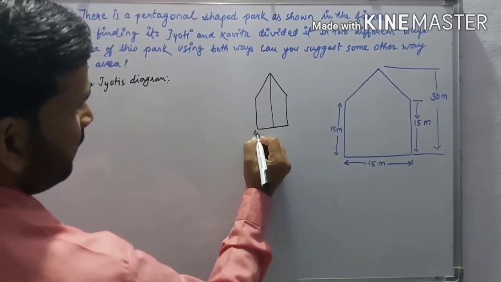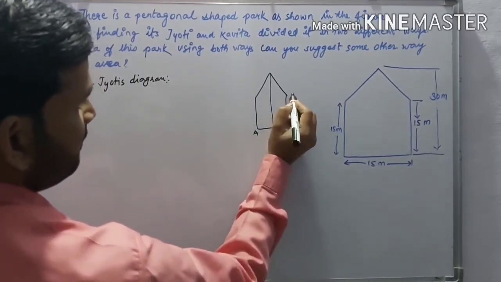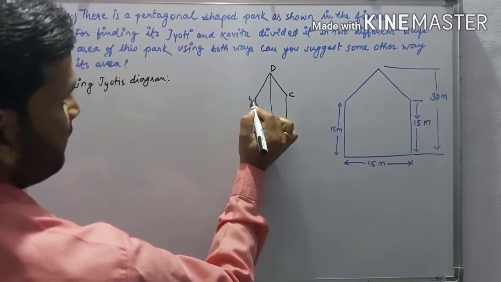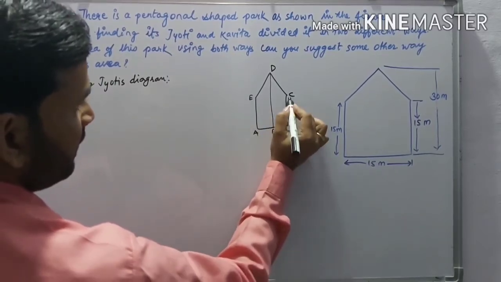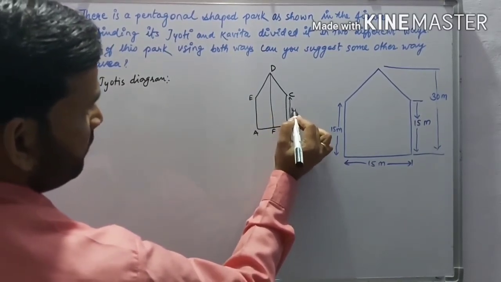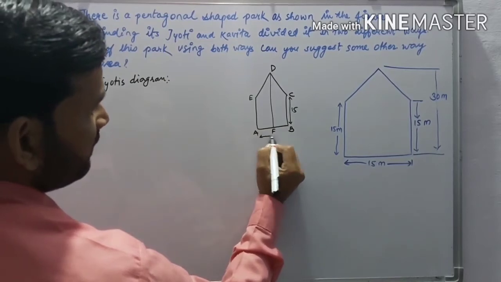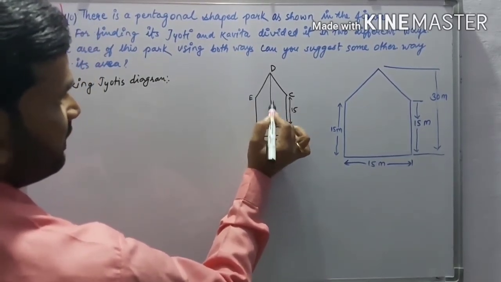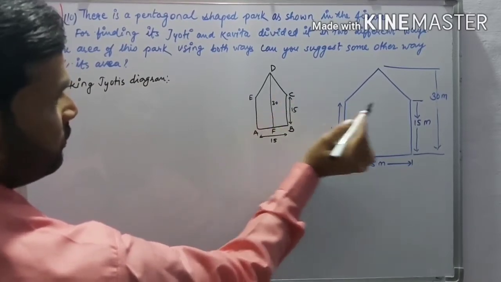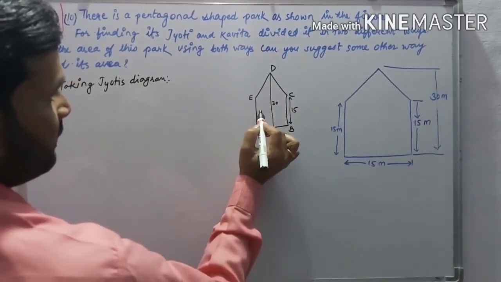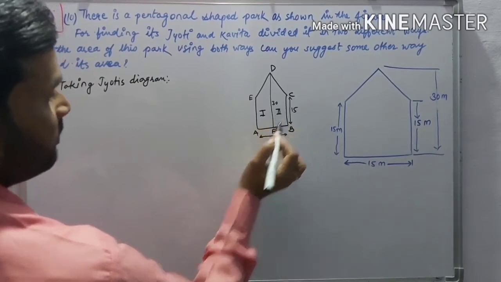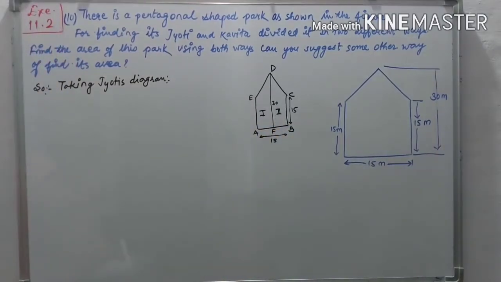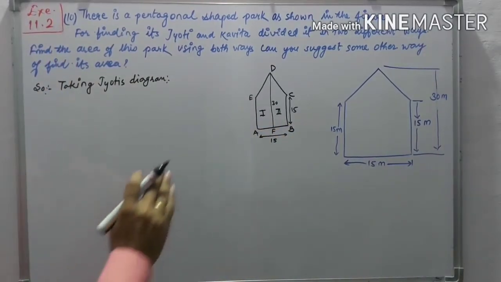Okay, now we label A, B, C, D and E and F, and the distance has no change, 15, and this total distance is 15. Okay, and the middle distance is 30 because it is the top point to the bottom, and that's the first part and this is the second part. Okay, so both are two trapeziums.